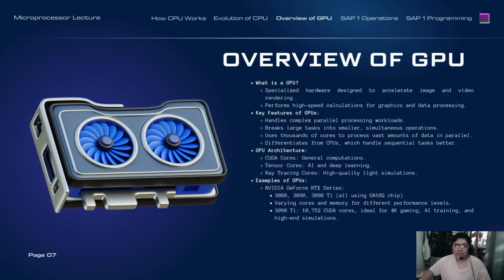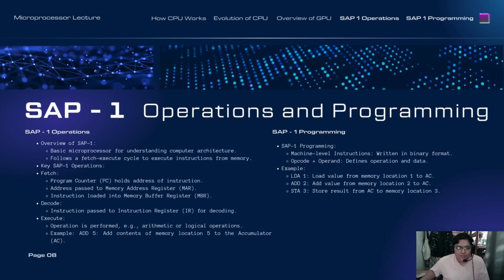Now, we'll talk about the last topics of our discussion, the SAP1 operations and programming, or the simple as possible one. So, the SAP1, or simple as possible one, is a basic microprocessor that follows a very simplified architecture, allowing programmers and beginners, or rather beginning programmers, to understand fundamental concepts of computer architecture.